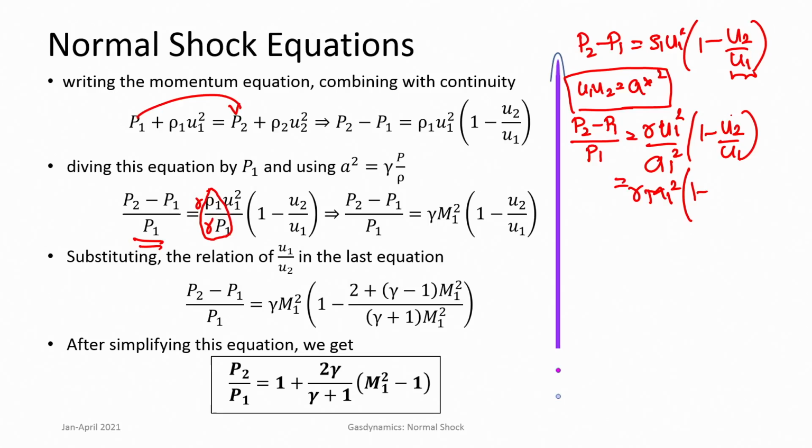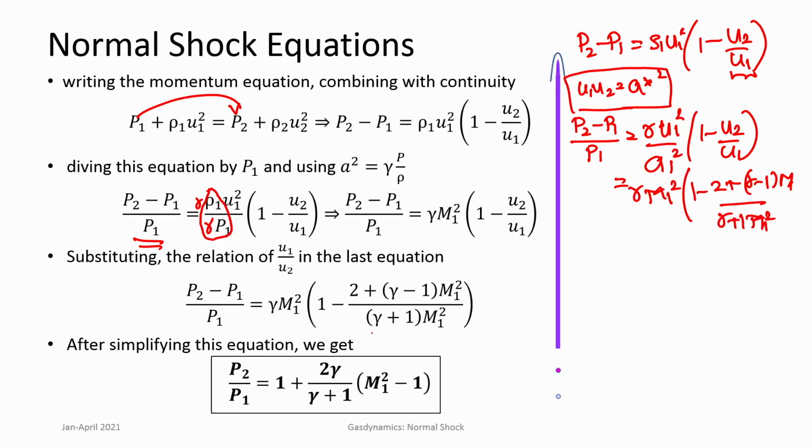We just have to import that into this formulation, and what we get is 1 minus 2 plus gamma minus 1 M1 square divided by gamma plus 1 M1 square.